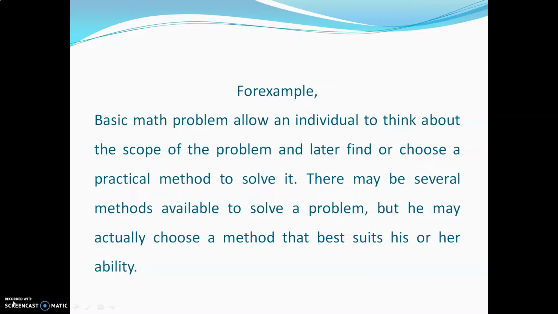In this stage, we choose a method that best suits our ability. From this example, we can understand that the meta component is mainly for planning, the performance component is mainly for execution purpose, and the knowledge acquisition deals with the mental processing.